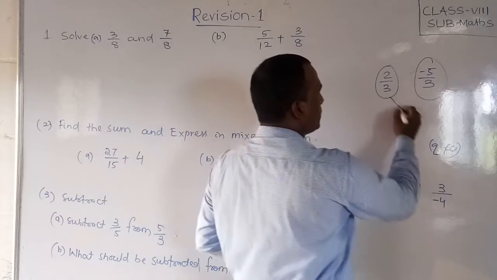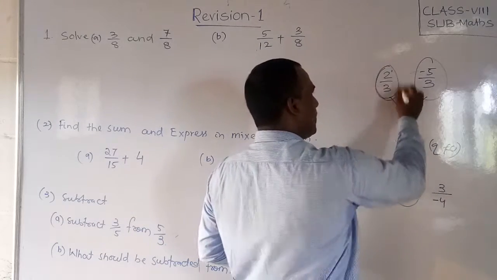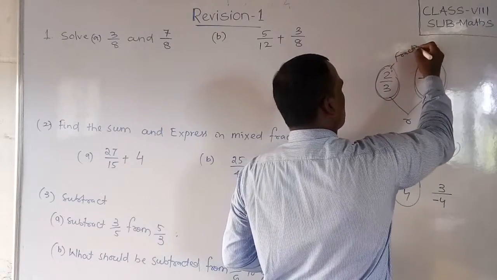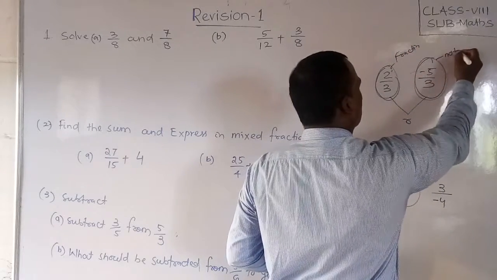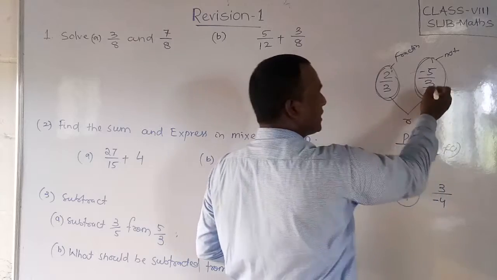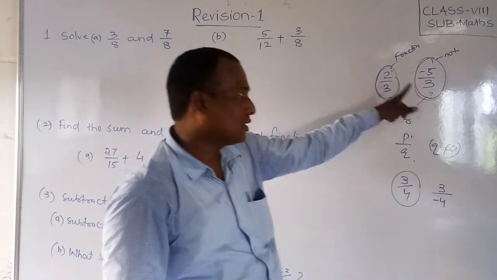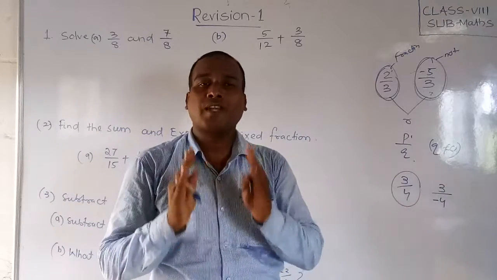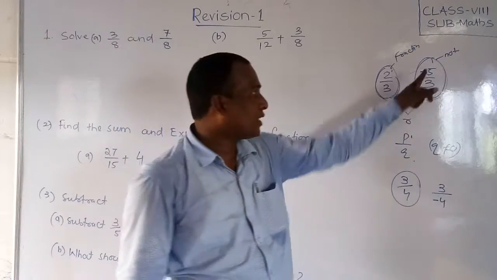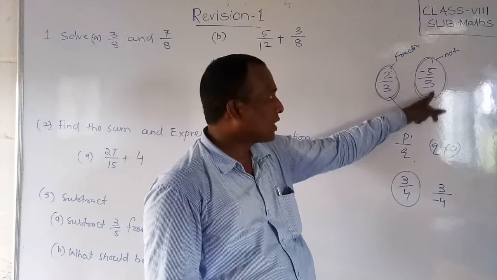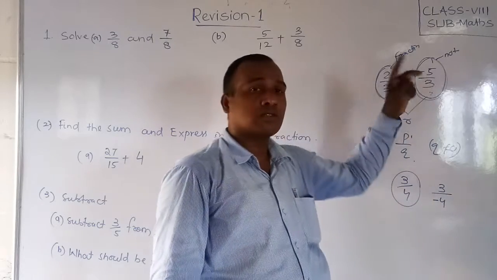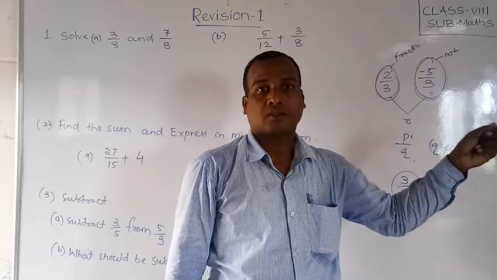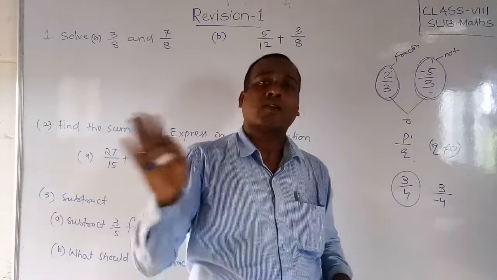So both of these are rational. This is a fraction also, but this is not a fraction, yet this is a rational number, and this is also a rational number. That means if the number can be expressed in the form p by q, and both are integers, it is rational. But if both are whole numbers, it is a fraction.